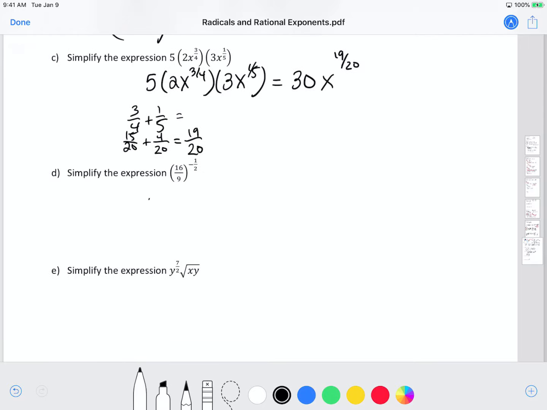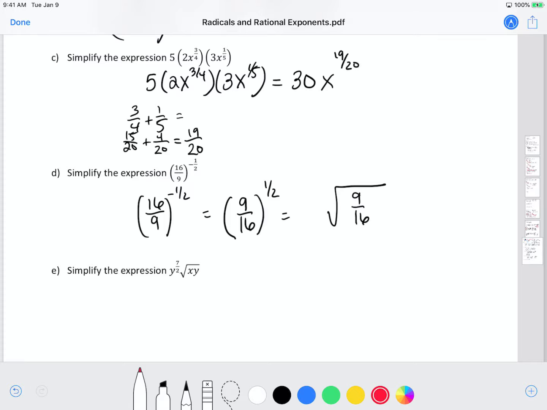And now using my knowledge of rational exponents, I know that 1/2 means to take the square root, because this number down here in the denominator is my root, and this number in my numerator is the exponent. So I'm going to take the square root of 9 over 16, which is 3/4, and then raise it to the first, which is 3/4.